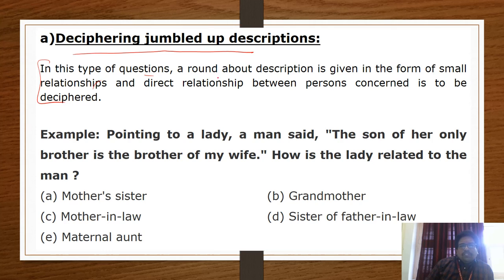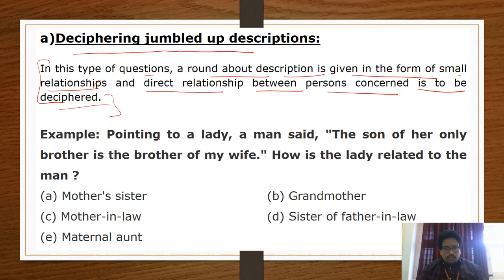In this type of question, a roundabout description is given in the form of a small relationship, and a direct relationship between persons concerned is to be deciphered. Now, for example, if I want to introduce my brother to my friend, let's say I have a brother called X, and my friend asks who is X. Usually, as a normal human, I'll say X is my brother.